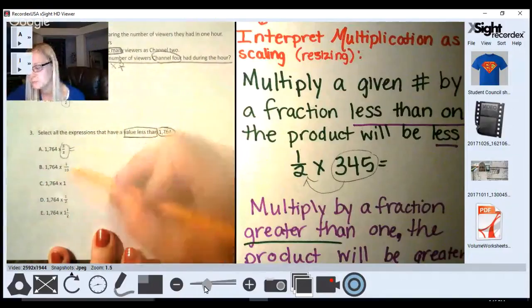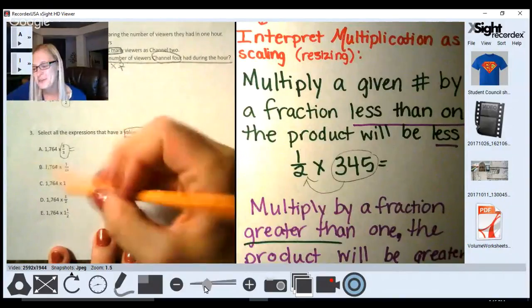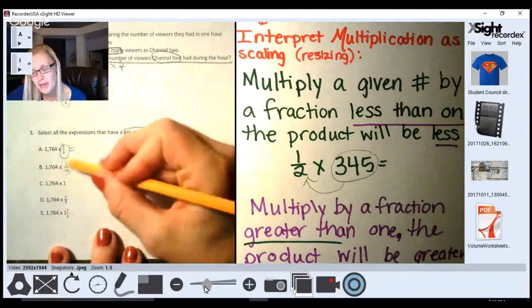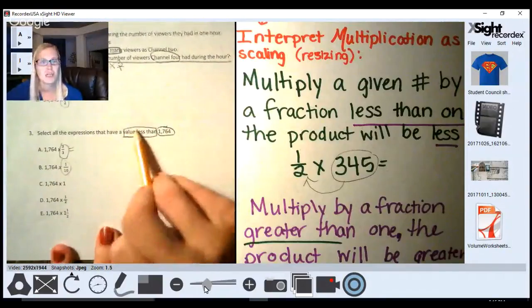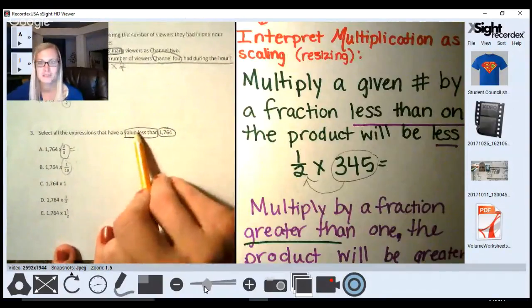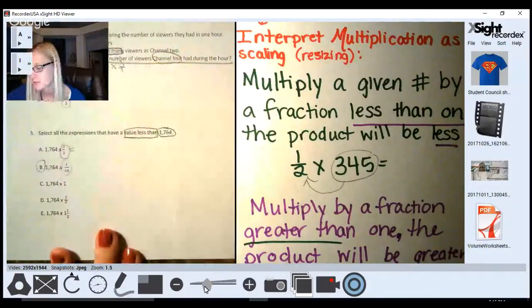Look at B. Would B give me less than? Right, B would give me less than because I'm multiplying by a fraction less than 1. So when I look here, does B work? And the correct answer is yes, B does work. I'm multiplying by a fraction less than 1. Look at C. Does C work?